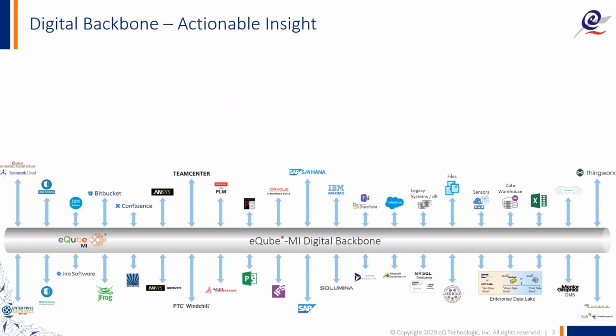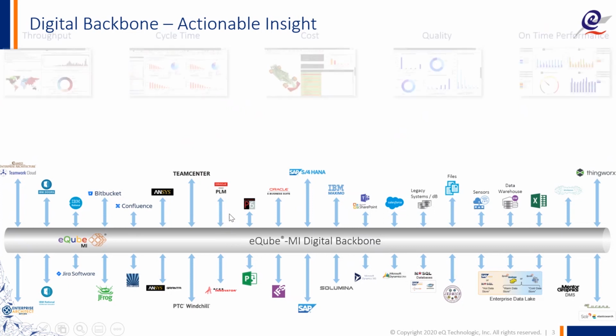As you take these various products, COTS products, legacy products, databases, NoSQL databases, IoT platforms, and bring them onto this digital backbone, you can create multiple solutions with it. You can have integration solutions, you can establish digital threads automatically, you can federate data, you can retire legacy systems, you can orchestrate business processes.